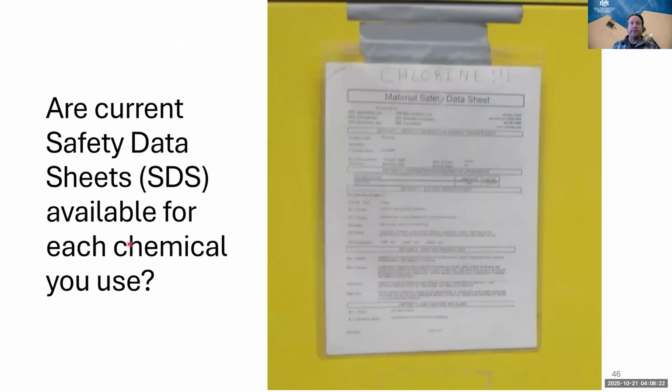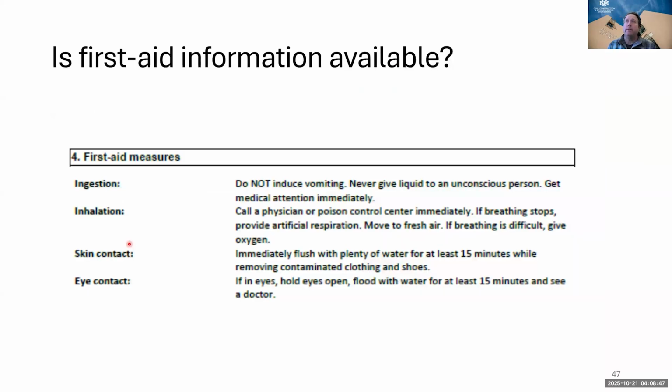And then we also want to ask, are current safety data sheets available for each chemical used? Is it posted where you're applying the chemical? Is it easy to get to and read and review? We definitely want to see it. This is a system that posted the SDS right at the point of chemical application, so anybody could see it and understand how to work safely with that chemical.